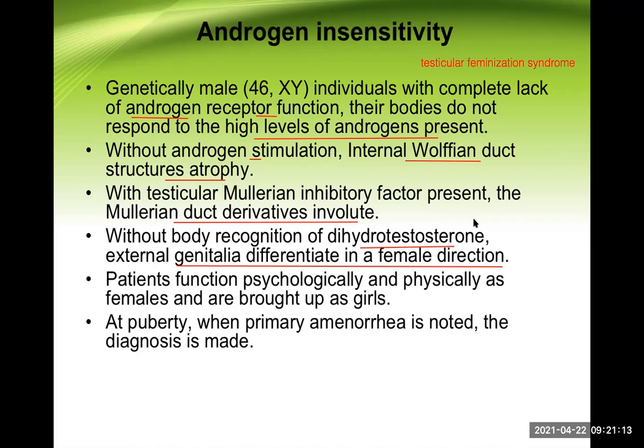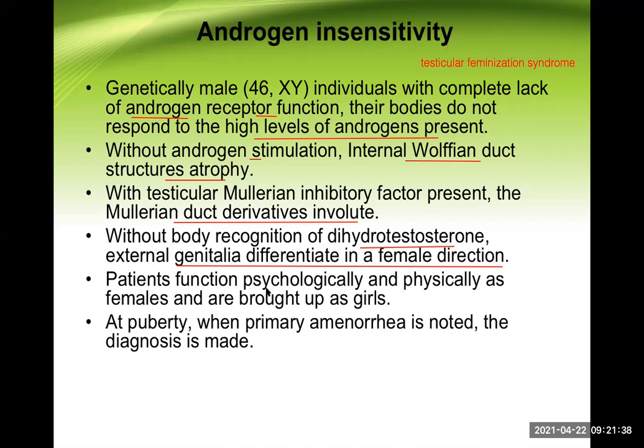What's the problem there? Androgen is not responsive to the receptor. So the external genitalia looks like female, but internally, according to the genotypic sex, this person is a male. So this is the wonderful example of male pseudo hermaphroditism, a testicular feminization syndrome or androgen insensitivity syndrome.